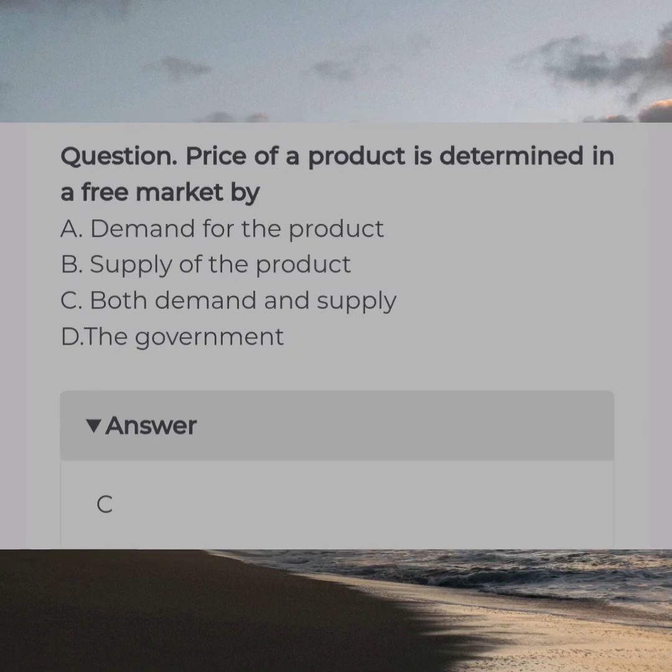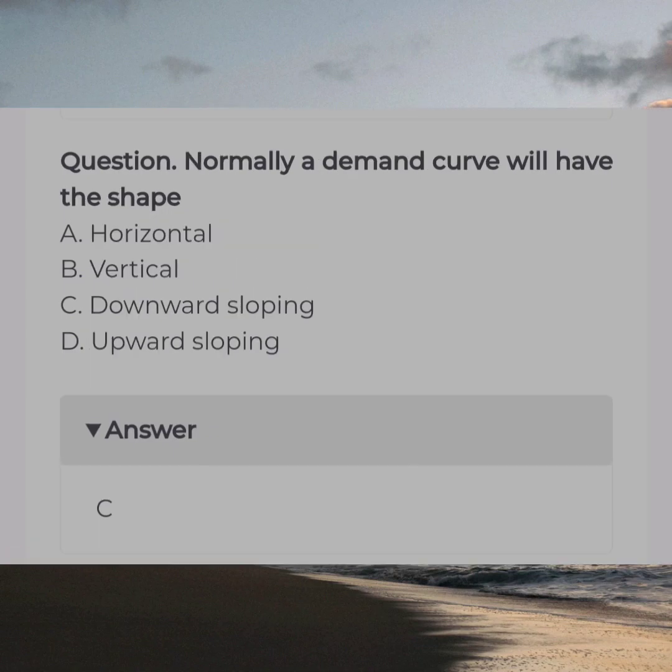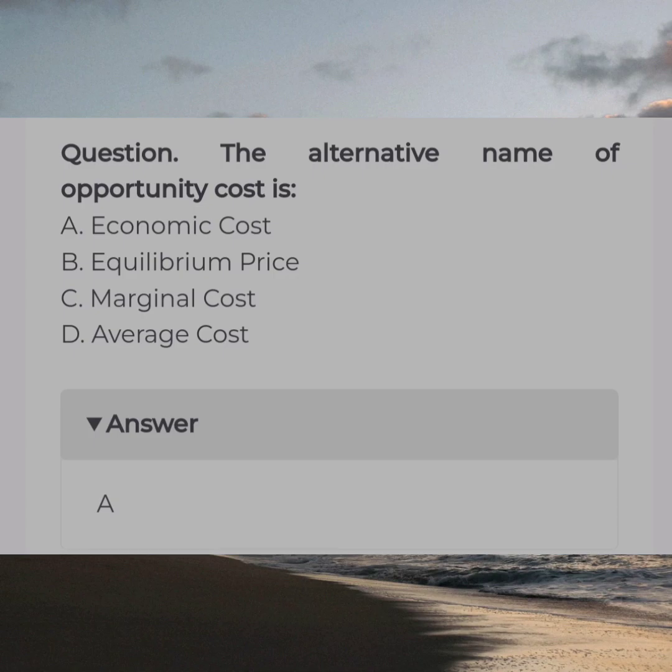Price of a product is determined in a free market by answer C, both demand and supply. Normally a demand curve will have the shape answer C, downward sloping. The alternative name of opportunity cost is answer A, economics cost.